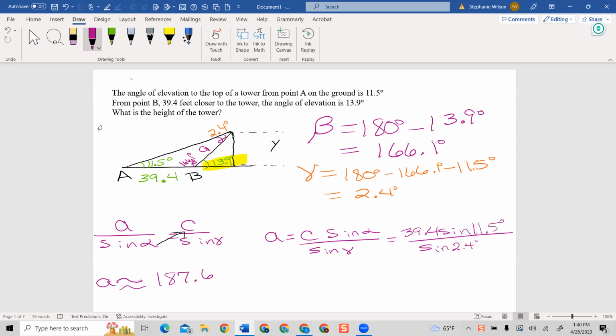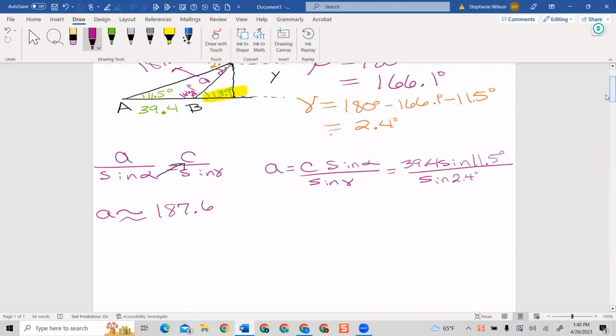Now the next step is to find the height. We could write that in for A right here. To find the height, we're going to use the formula of sine of this angle right here.